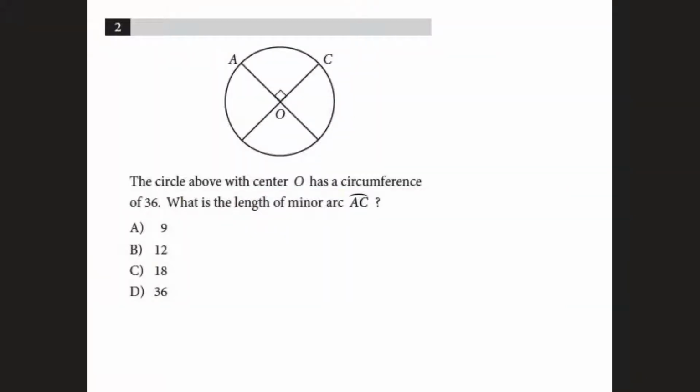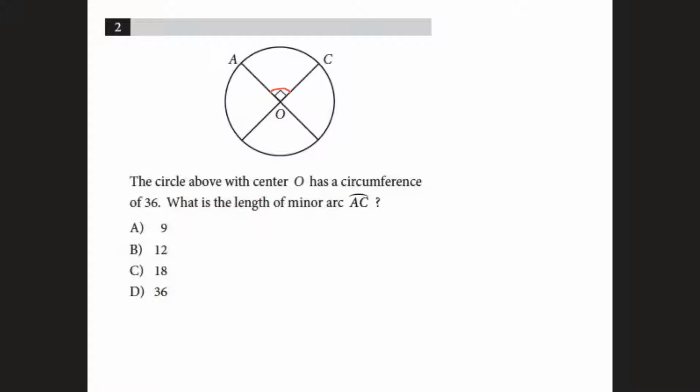Okay, number 2. The circle above with center O has a circumference of 36. What is the length of minor arc AC? Well, minor arc AC is intercepted by a 90-degree angle.